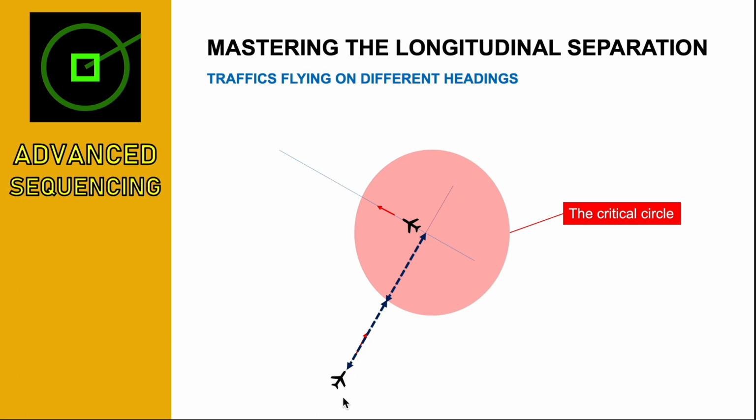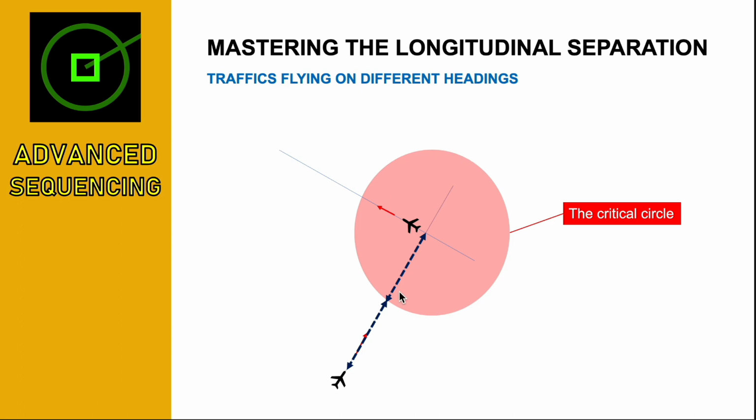So for example, in this case, the traffic is going towards the point. So at the middle of this distance, this is going to be the radius of this circumference. And that circumference is going to be the critical cycle.